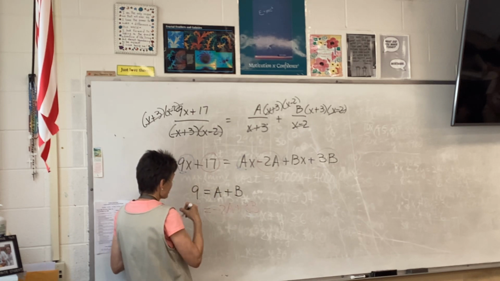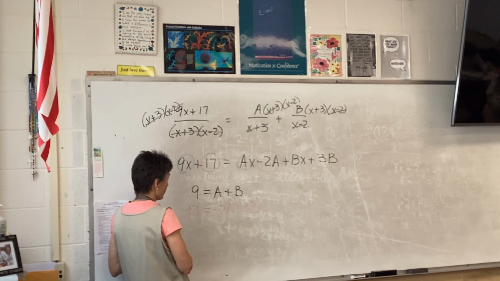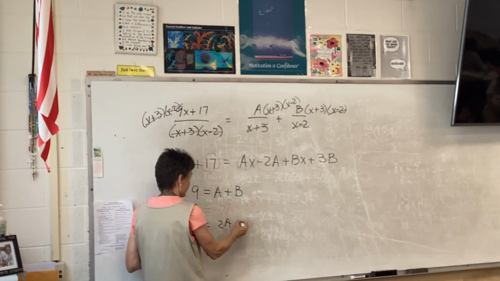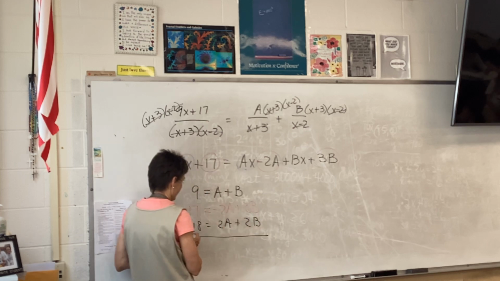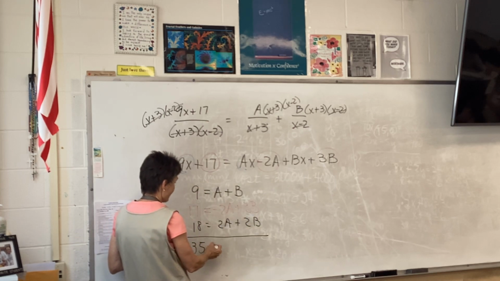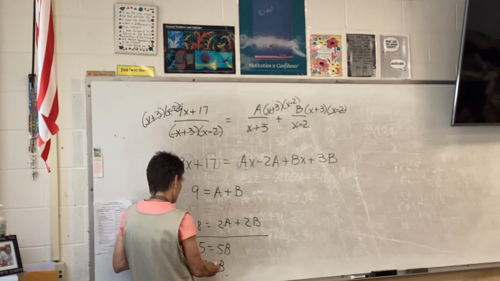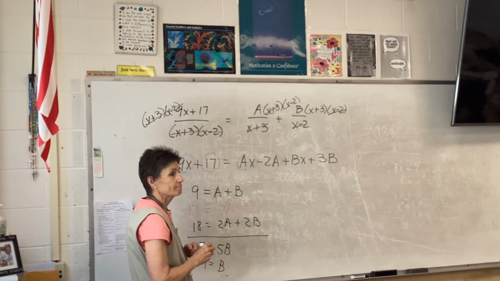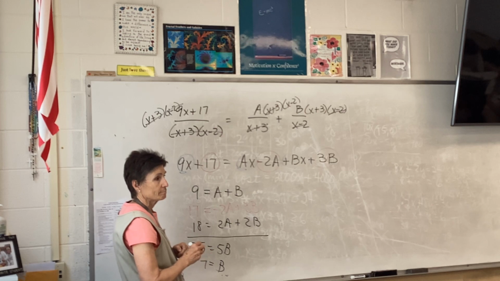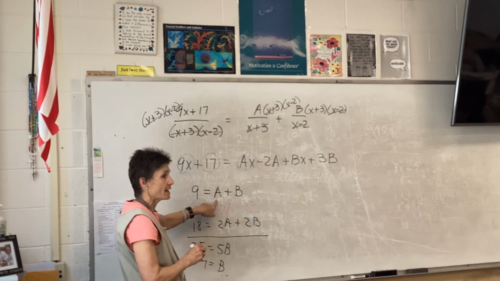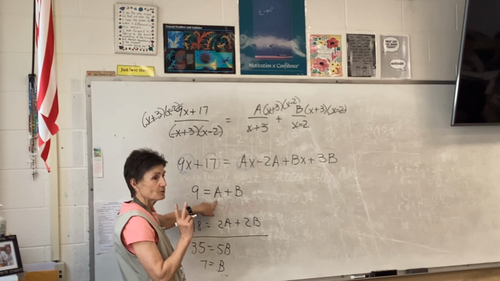So I think I'm just going to multiply the top equation by 2. So 35 equals 5B. I'm getting B equal to 7. And if B equals 7, then A will have to be 2.